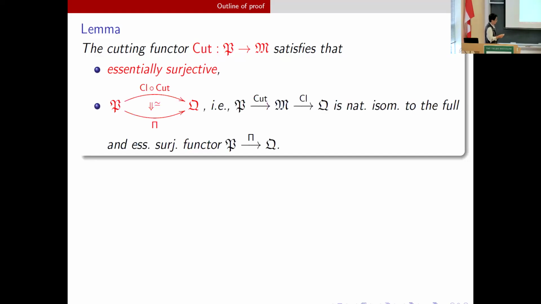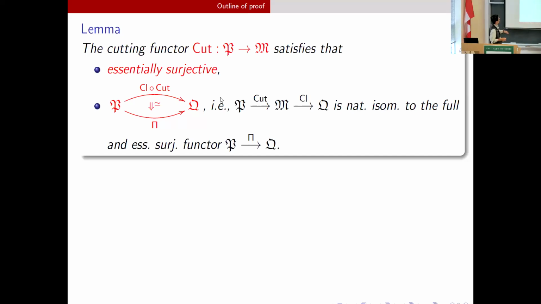And moreover, now we have three functors so far. The first functor is a classifying functor from M to Q, which determines the three invariants of a locally standard T manifold. Moreover, we introduced a cutting functor before. It takes a principal T bundle to its cut space, which is a locally standard T manifold.